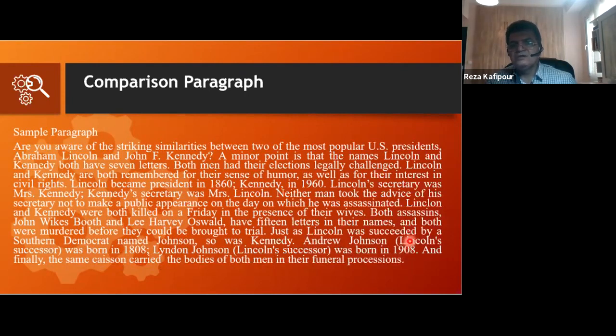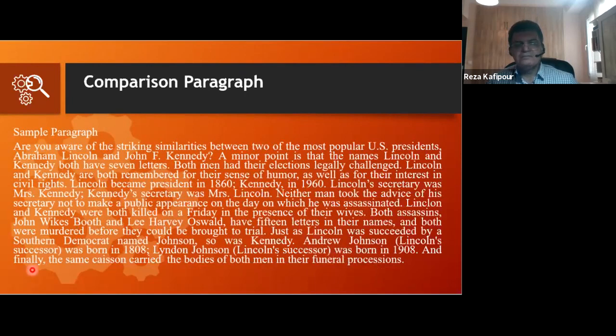Again, we are talking about the decade when they both were born. That is the same, 08, 08. Even in this structure, we can omit was born as a parallel word and replace it by a comma as we explained before.